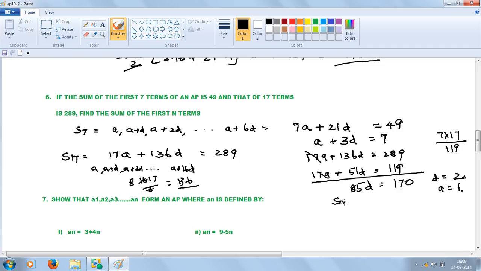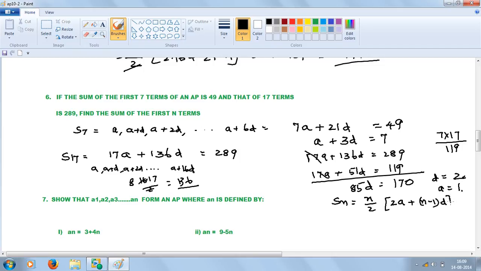What is Sn equal to? What is the formula? n by 2 multiplied by the first term a plus l, or you can take the 2a formula: n by 2 multiplied by 2a plus n minus 1 multiplied by d.